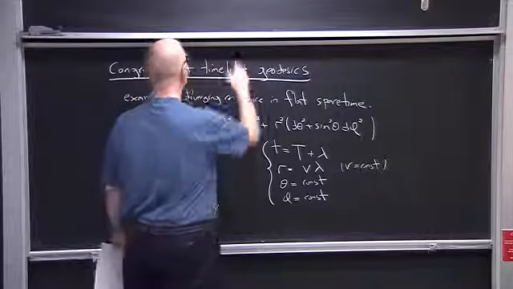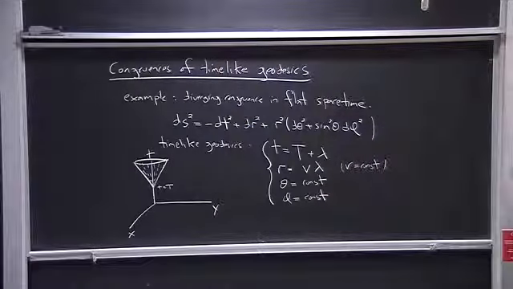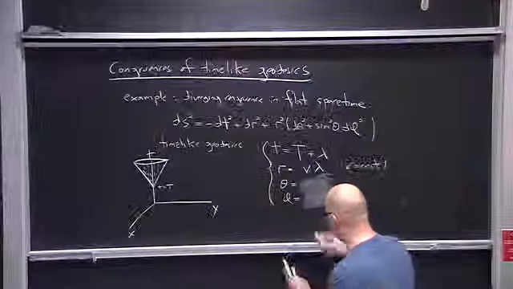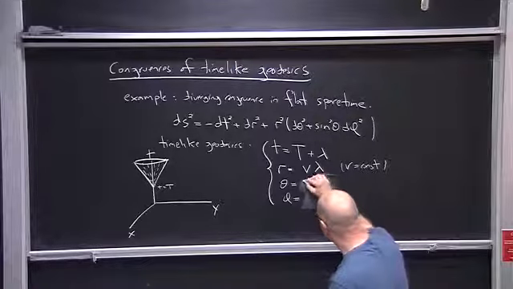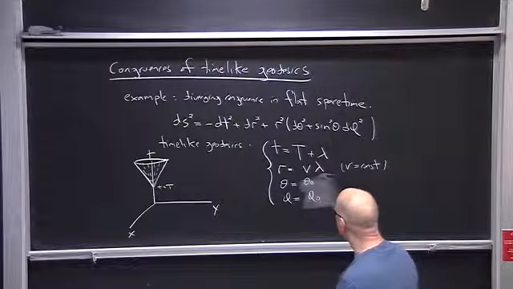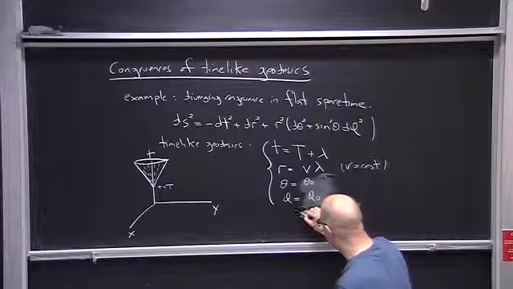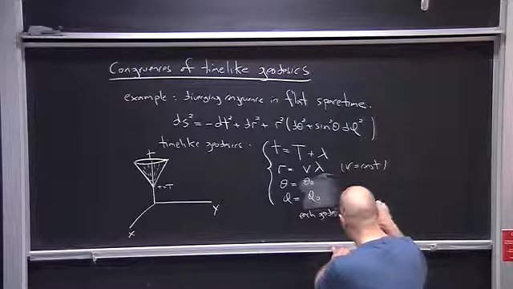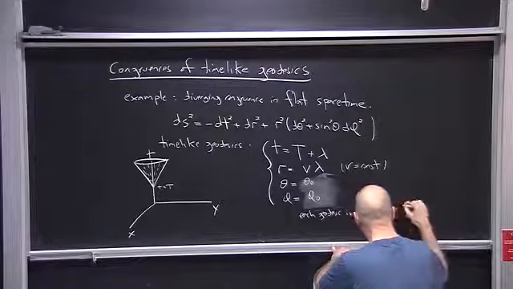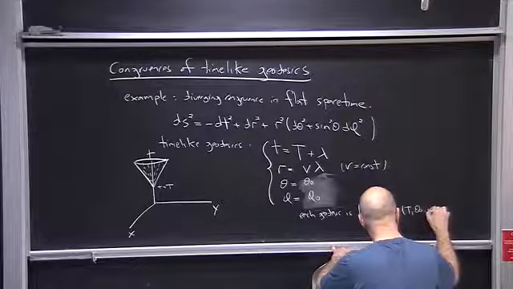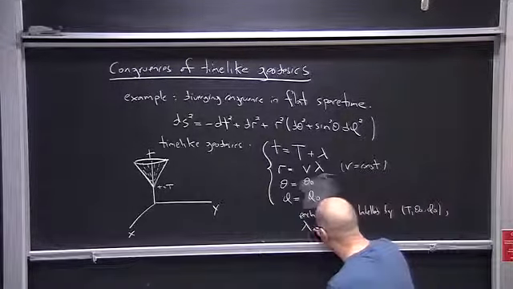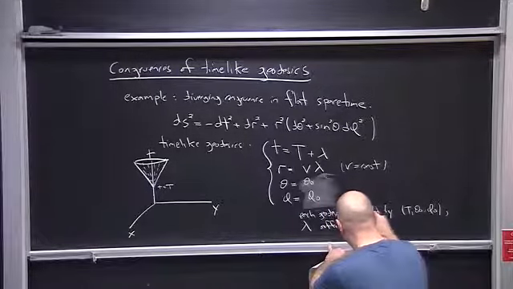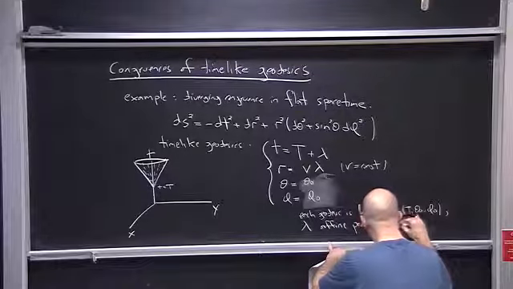So maybe to make the notation a bit clearer, I should say that theta and phi are constants, and each geodesic is labeled by T, theta naught, phi naught, and lambda is an affine parameter on each geodesic.